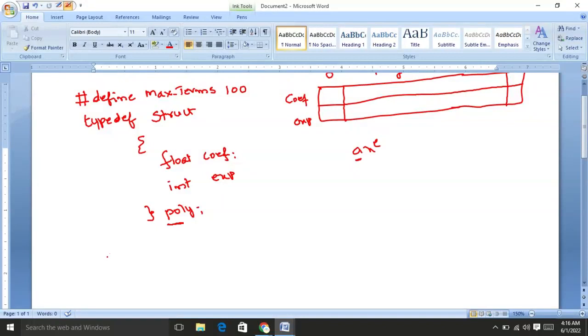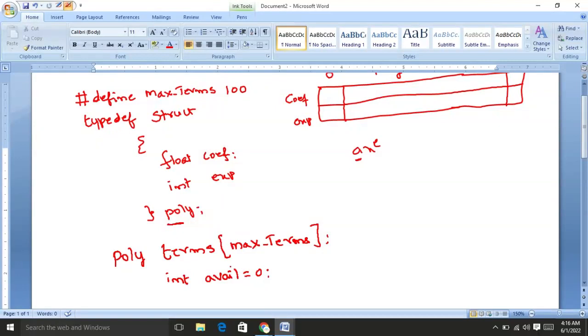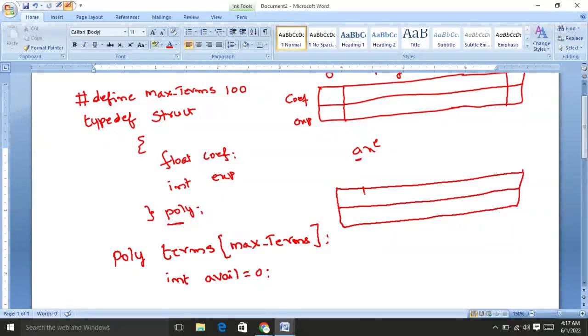Now I declare poly terms of max underscore terms, right? And I write one more variable, int avail, available location, equal to 0. So what happened here means, suppose the name of the array is terms.